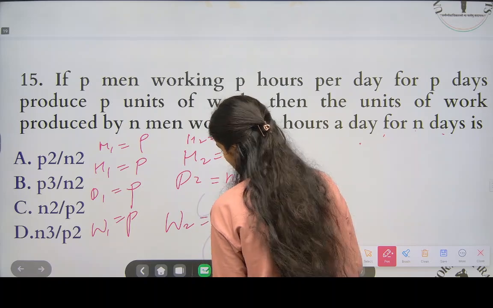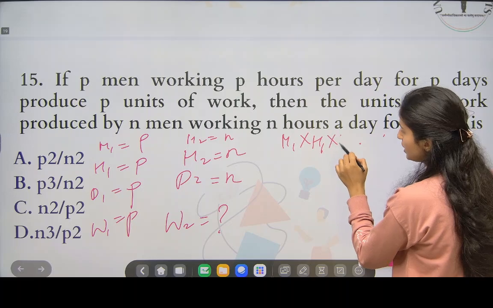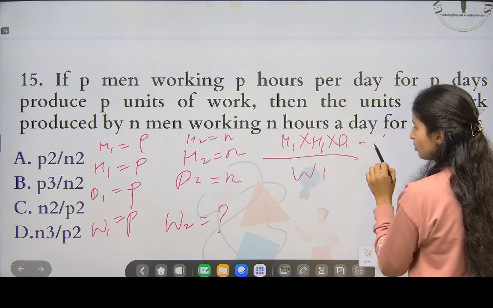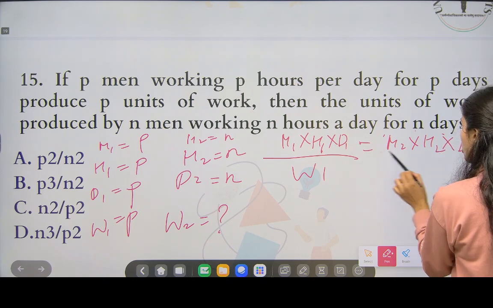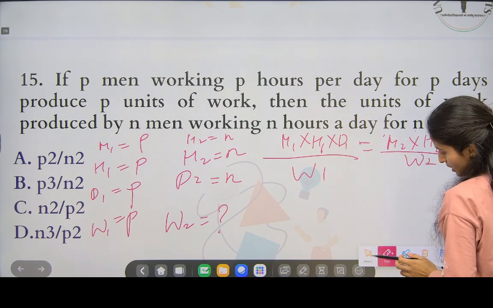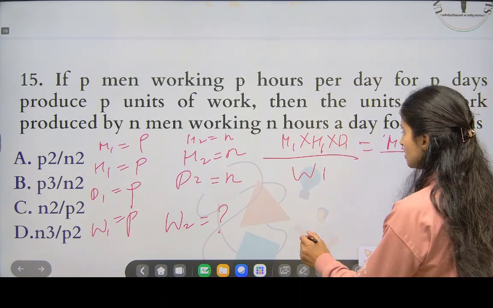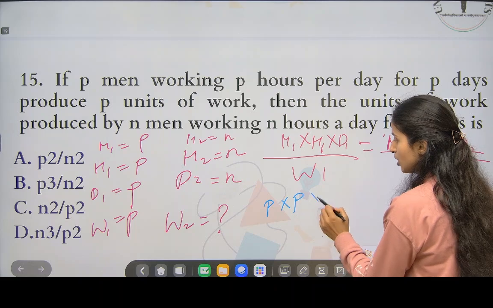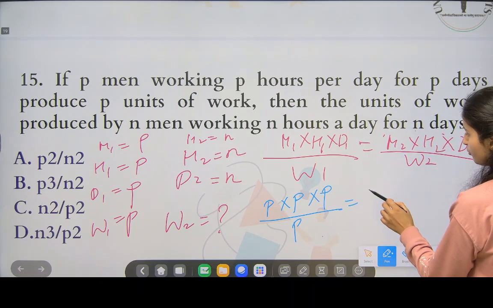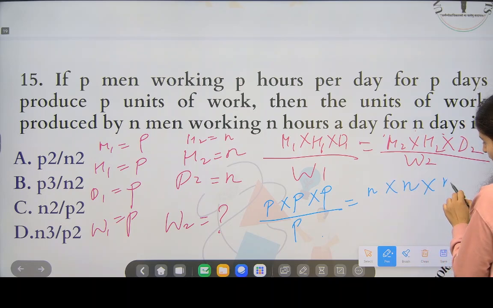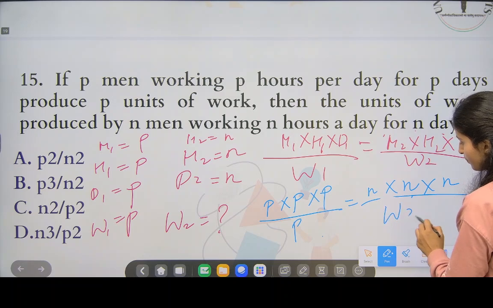So we know that M1 into H1 into D1 upon W1 is equal to M2 into H2 into D2 upon W2, meaning work, right? Yes or no? Yes. Now see here, M1. What is M1? M1 is P, everywhere P, because everything is P. Here what they have given? Only work we have to find. N into N into N upon W2.